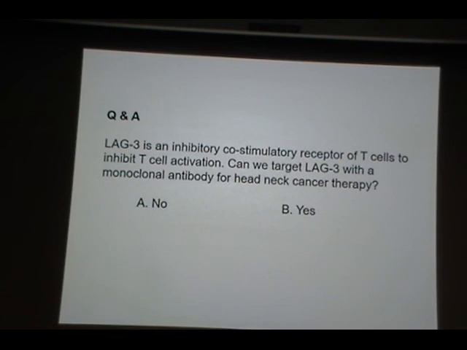But if the problem is that the T cells aren't seeing the cancer cell because it's avoiding notice, what does it matter if you make more T cells? Actually, for head and neck cancer, specifically what we call oral cancer, those T cells will infiltrate into the tumor.